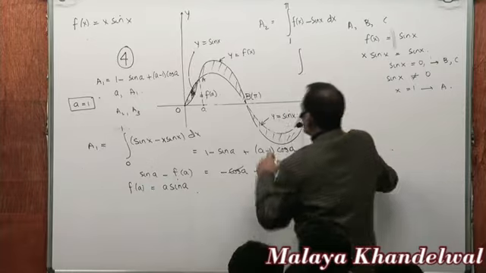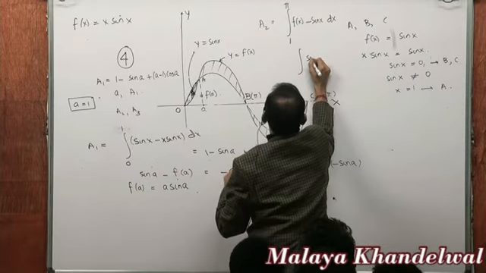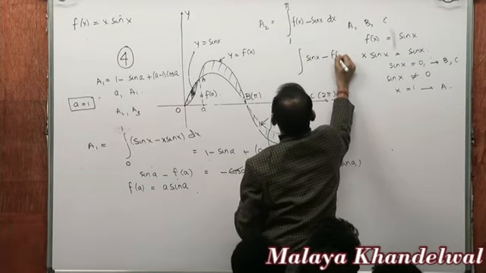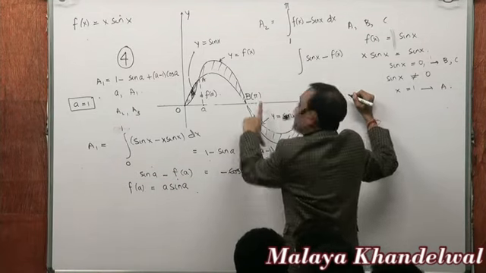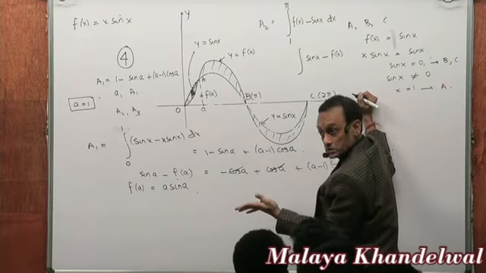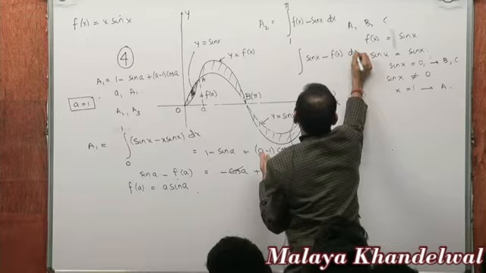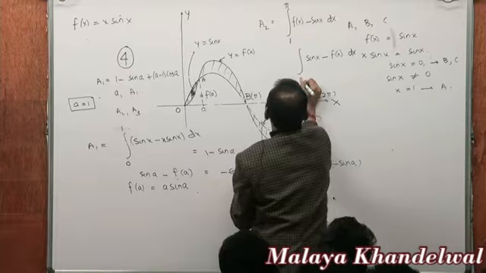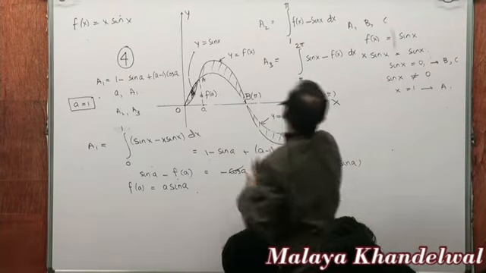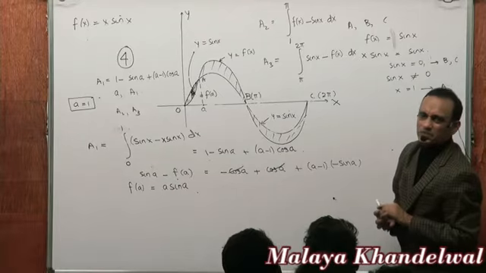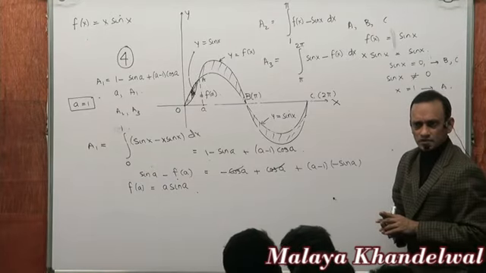There is sin x minus f(x). Why? Because sin x is less negative than f(x), so sin x minus f(x) will be a positive number, right? dx, x runs from pi to 2 pi. That's A3. That's normal integration. f(x) replaced by x sin x, and you can obtain all of this.